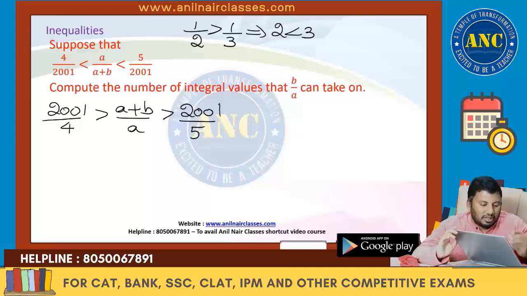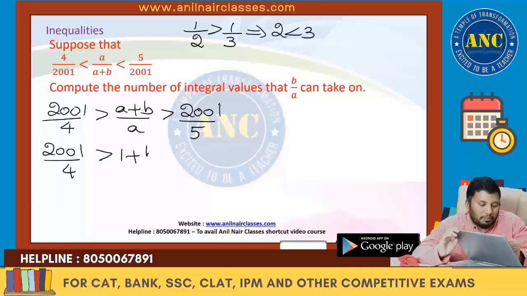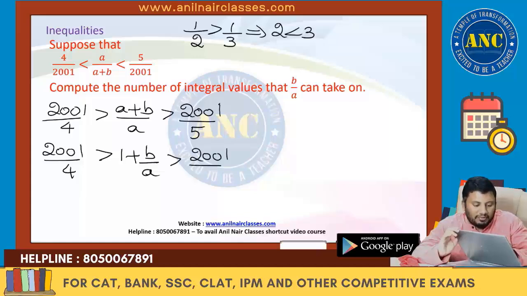This is nothing but 2001 by 4 greater than 1 plus b by a greater than 2001 by 5.